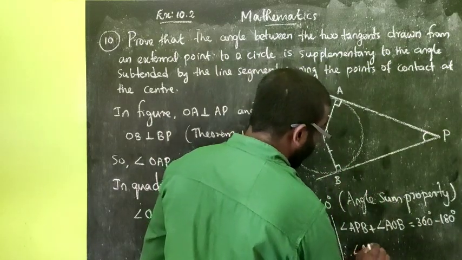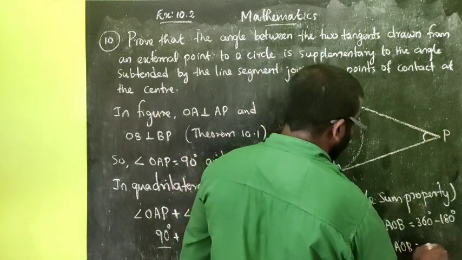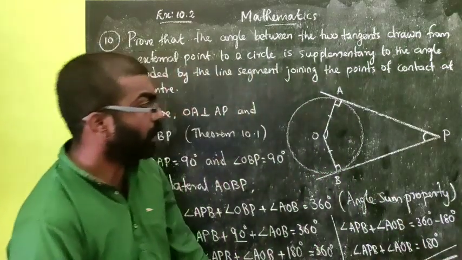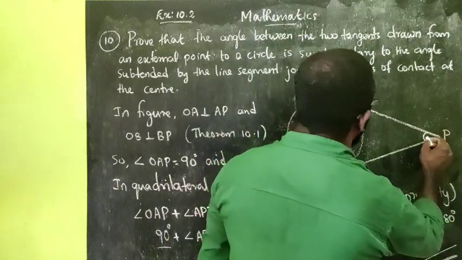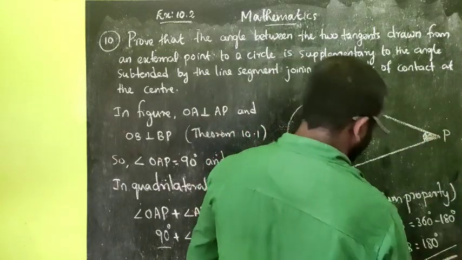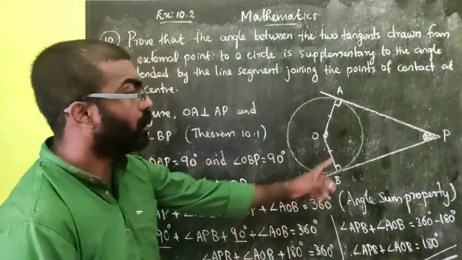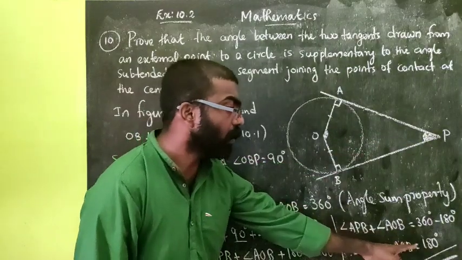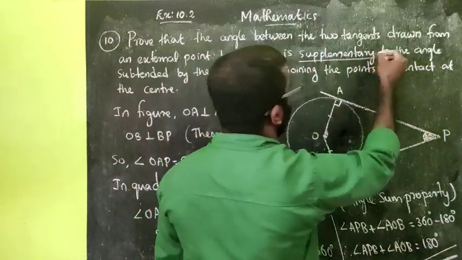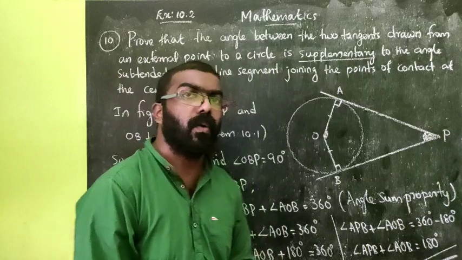Therefore, angle APB plus angle AOB equal to 180 degree. That means here APB is the angle between these two tangents, and AOB is the angle at the center. So the sum of these two angles we got as 180 degree. That means they are supplementary. Angle APB plus angle AOB equal to 180 degree.